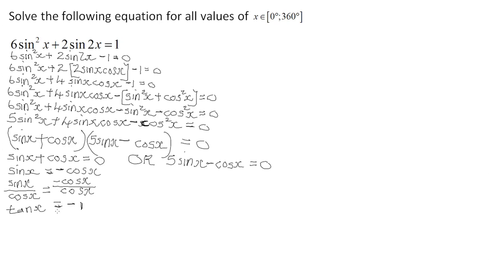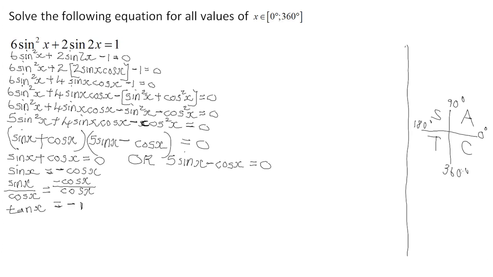Very important now. What do we need to find first here? The reference angle. This minus 1, if I can come back in here again, you people still remember the CAST diagram? You still remember the 0 and the 90, I'm just recapping quickly, and the 180 and the 360.